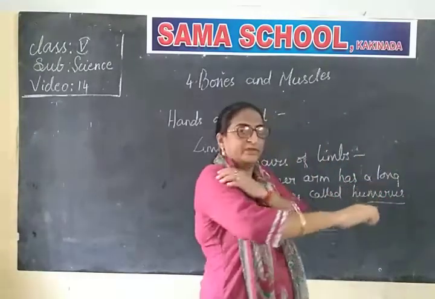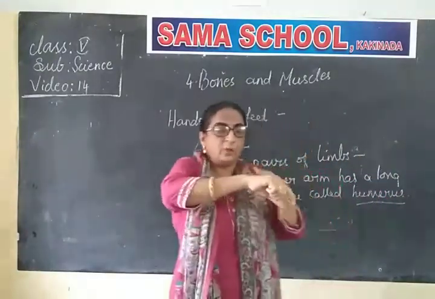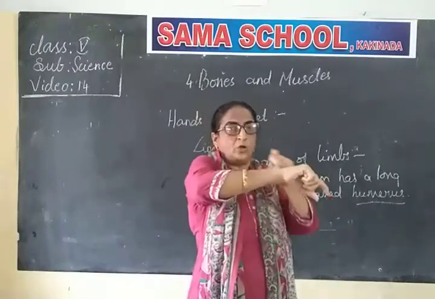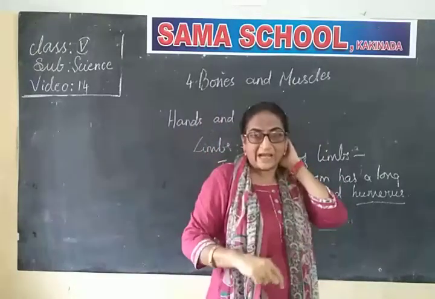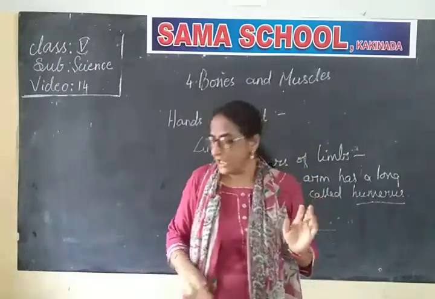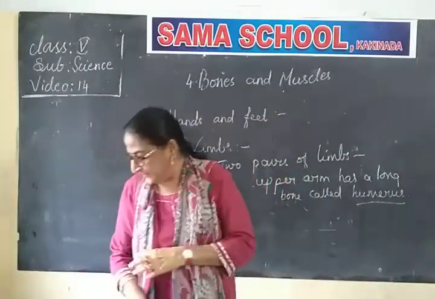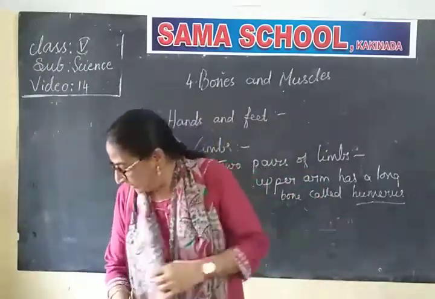This is the long bone called the humerus, and this is the lower arm. The lower arm has two bones, ulna and radius.